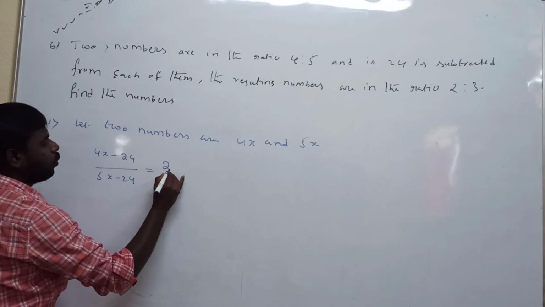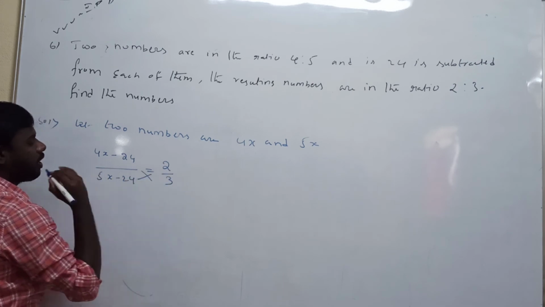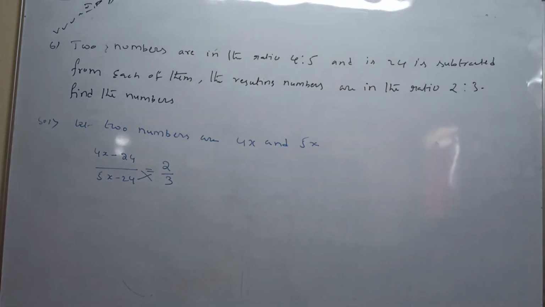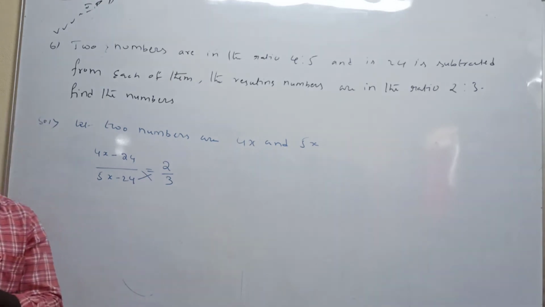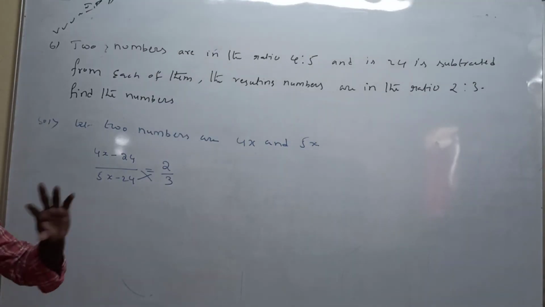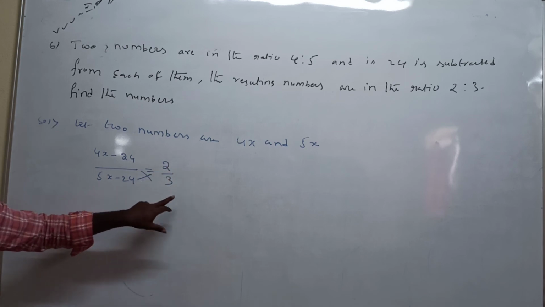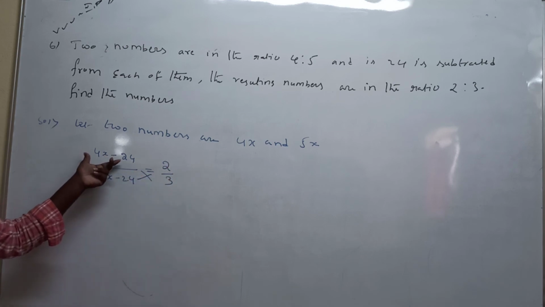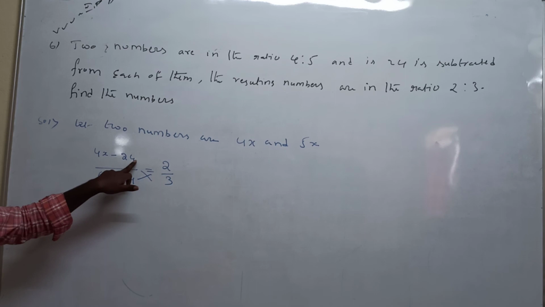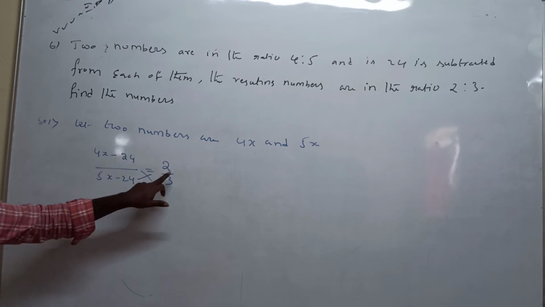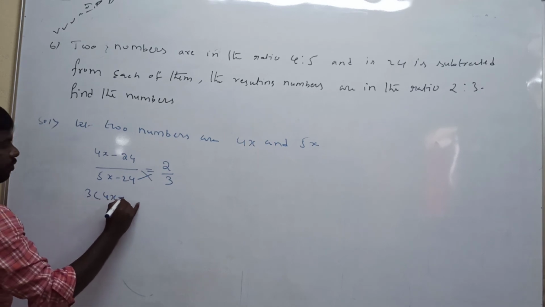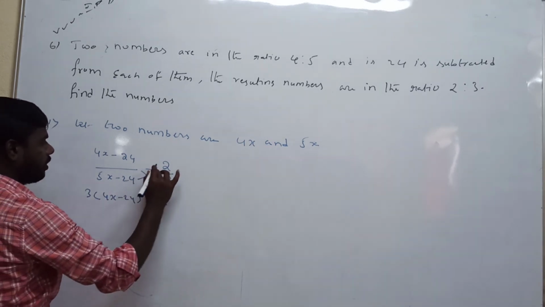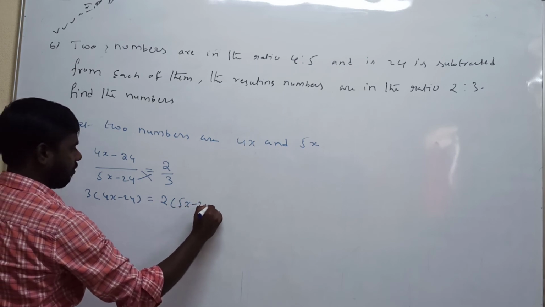The ratio given is 2:3. According to the question, the two numbers are 4x, 5x, 24 is subtracted from each of them, and the resulting ratio is 2 by 3. So now cross multiplication: 3 into 4x minus 24 is equal to 2 into 5x minus 24.